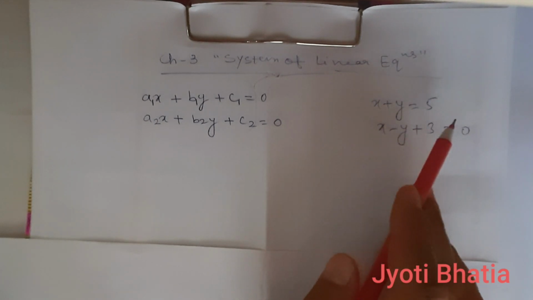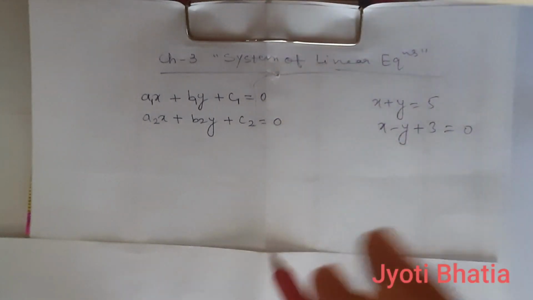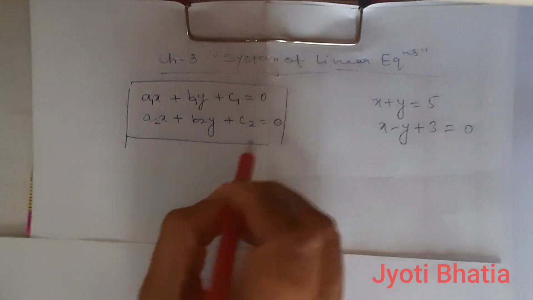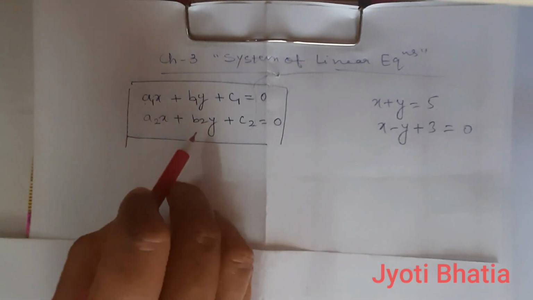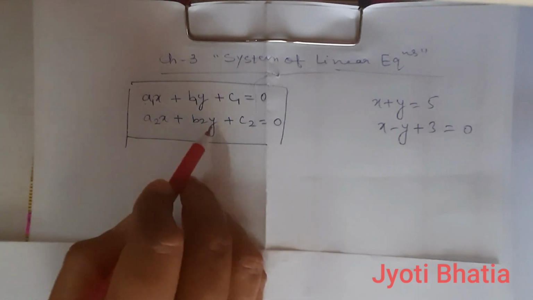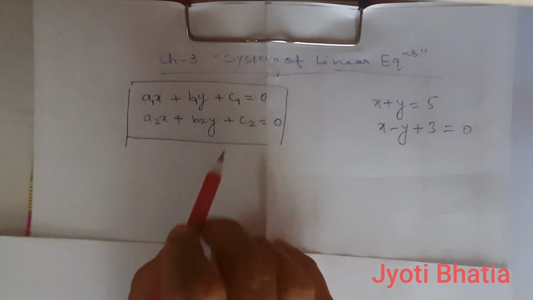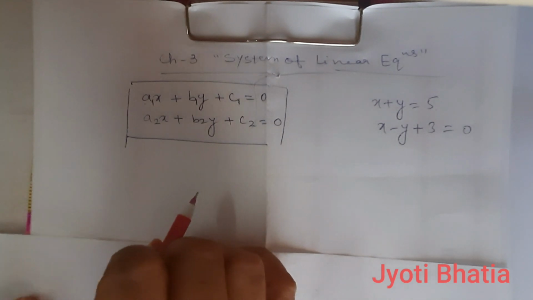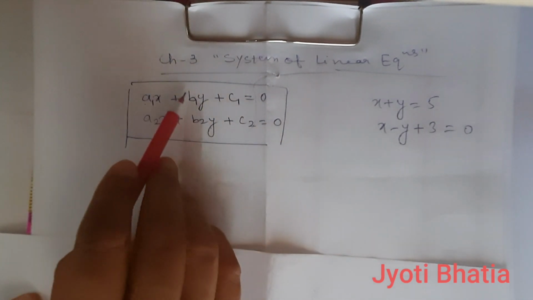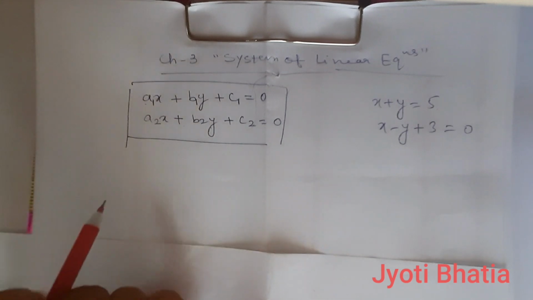You either shift both of them to RHS or bring both of them to LHS. This is the general form given, right? Now you know a1, a2, b1, b2 are the coefficients of x and y respectively. c1 and c2 are called constant terms, right?